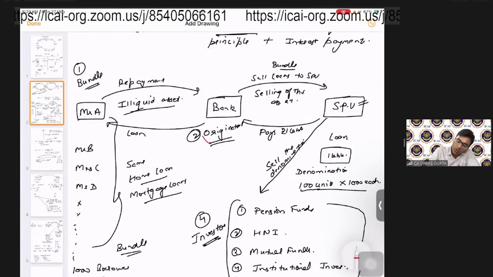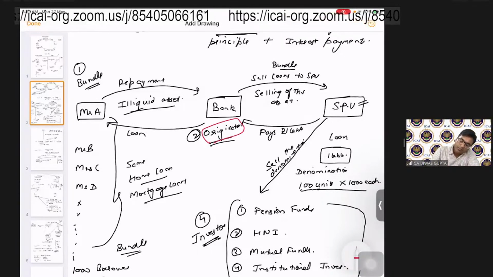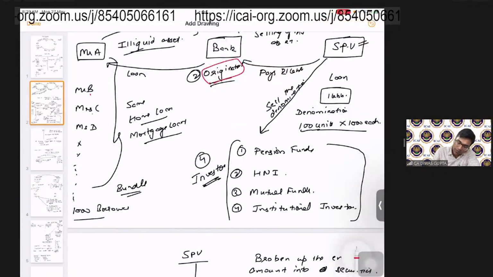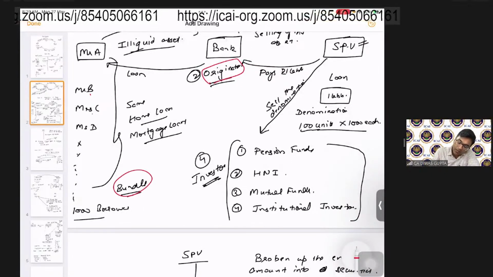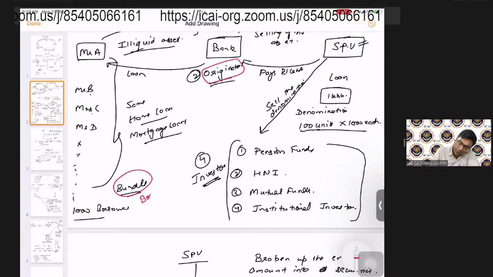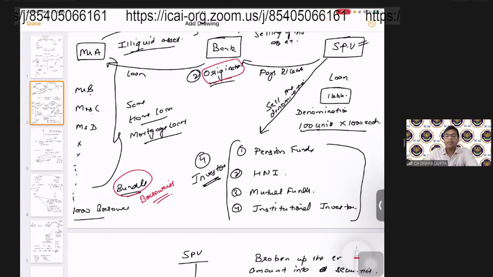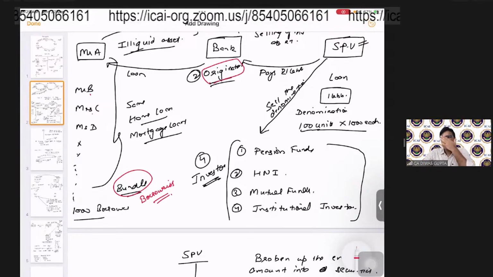Here, the bank is also called an originator. Mr. A, Mr. B, Mr. C, like this, these are called the borrowers. So we will take the bundle of them. These are called the borrowers, students, right?